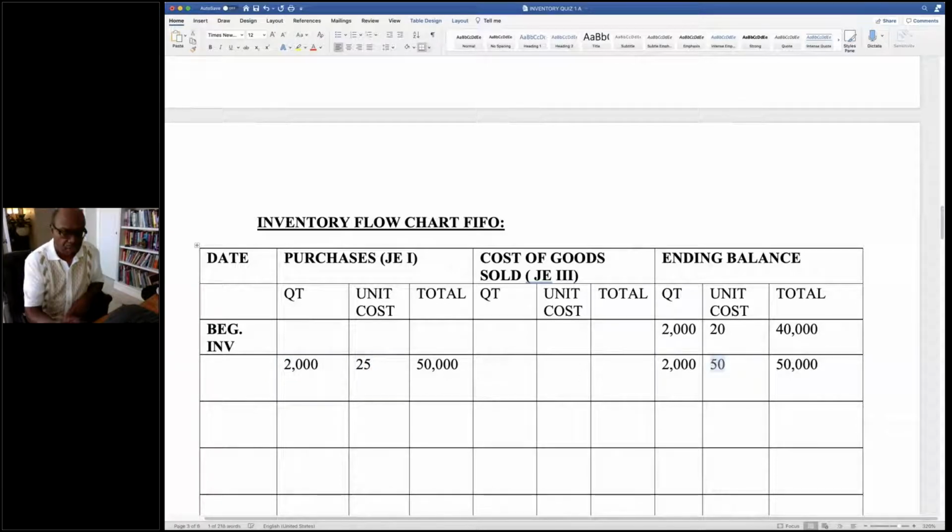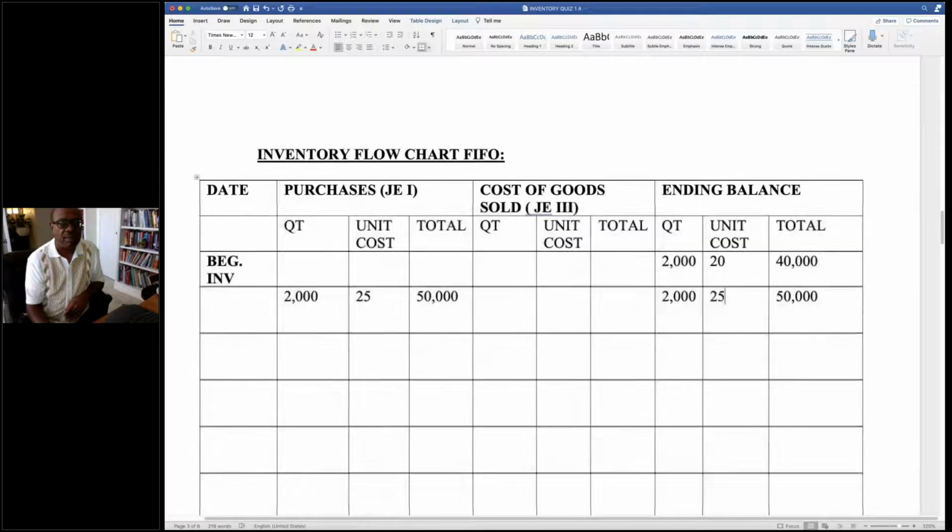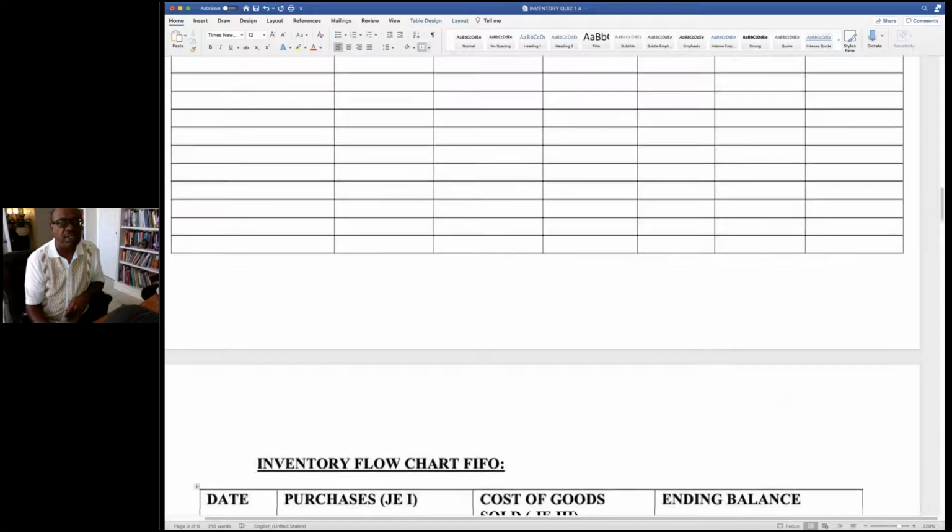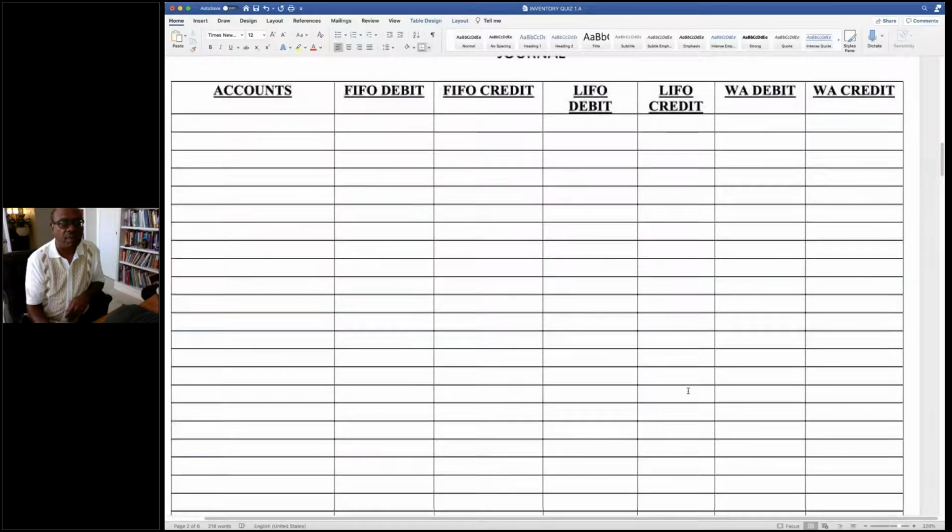Okay, let's make this journal entry. On the accounts part, it's inventory and accounts payable. So we're going to debit inventory for $50,000.